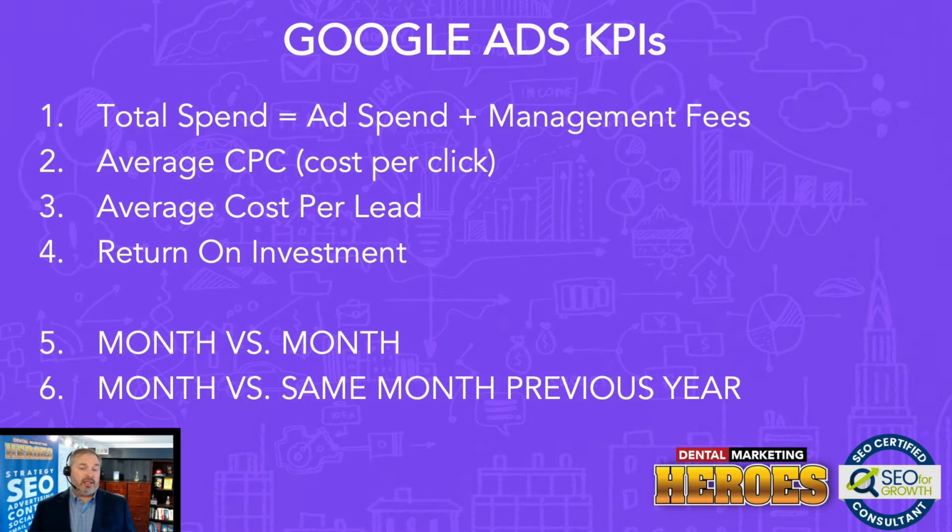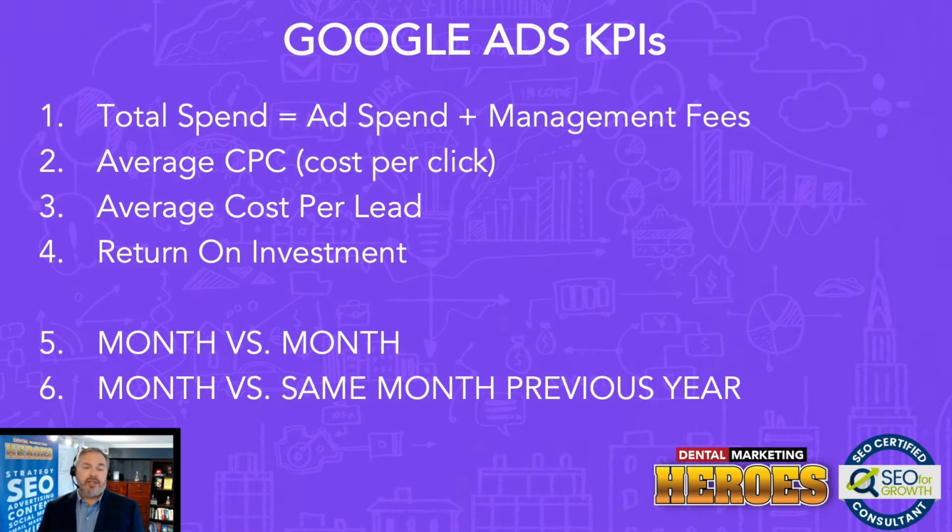Number three, your average cost per lead. You want to know, okay, people saw our ad, which is an impression. They clicked on our ad, which is a click. They went to our website, which is a conversion, and they did an action, which is a lead. And that action is either a phone or form completion, or it could be some other action, but those are the two main ones.